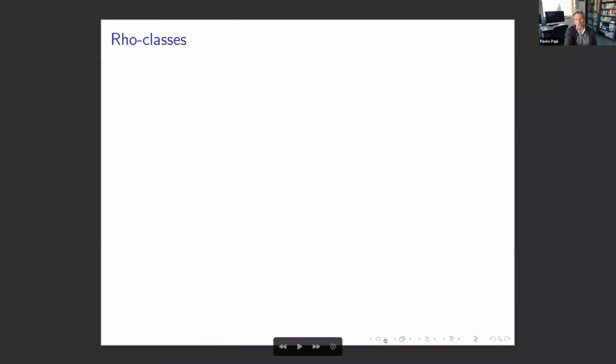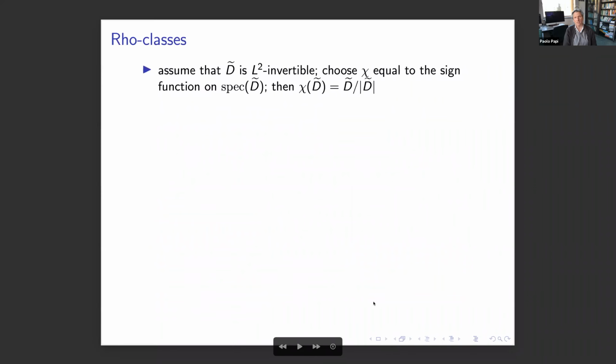Now let's talk about this new class. Let me assume that D tilde is L2 invertible. If it is L2 invertible, there is a gap at 0, and if I choose this chopping function in the right way, then that operator chi of D tilde, with chi a chopping function, I can make it just the sign operator.